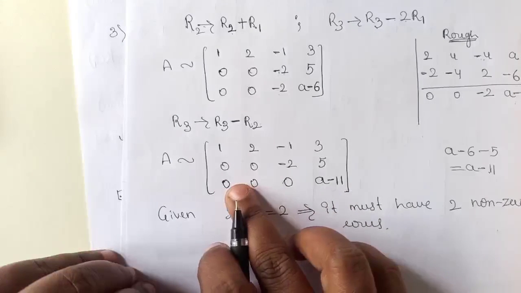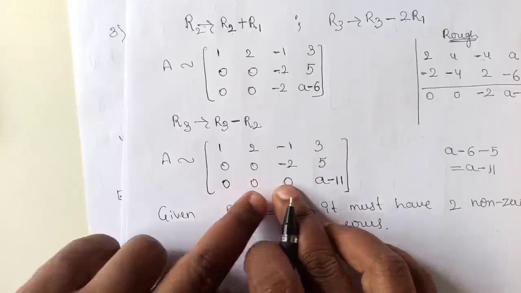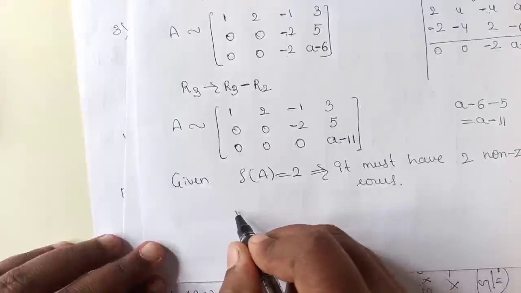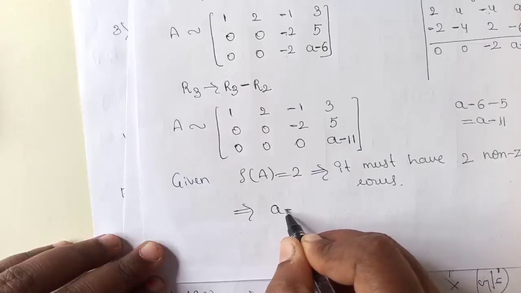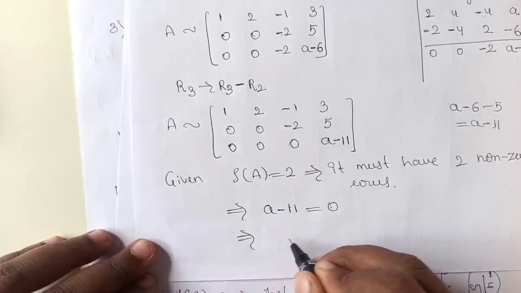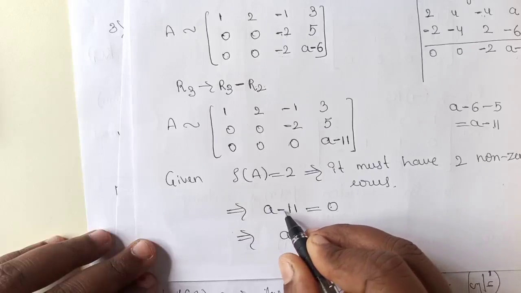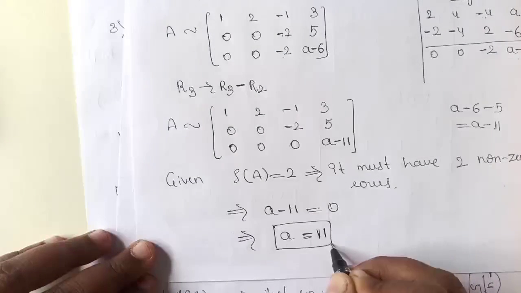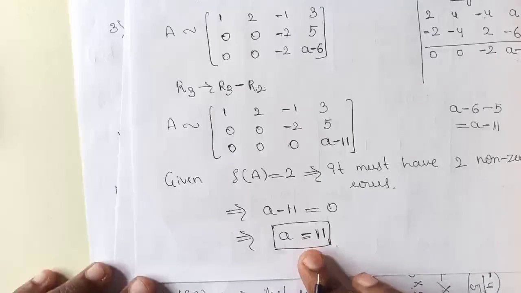In order to make this row a 0 row, already 3 entries are zeros, so this last entry must be 0. This implies that a minus 11 must be 0, which implies that a equals, sending this to the other side, 11, right? So the value of a is equal to 11.